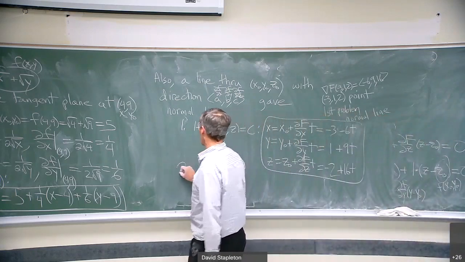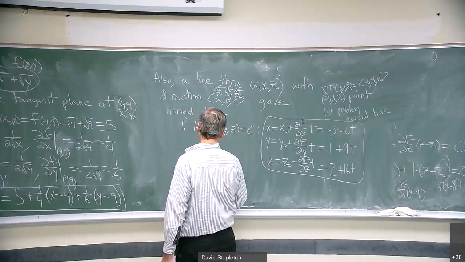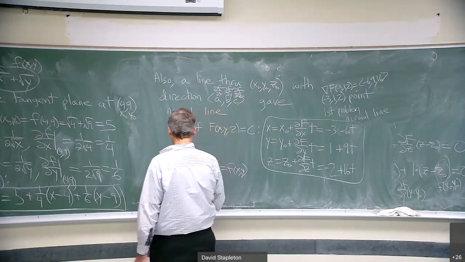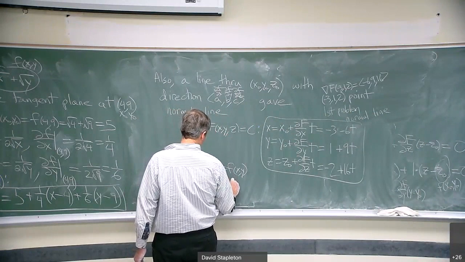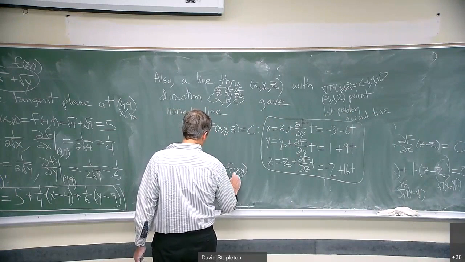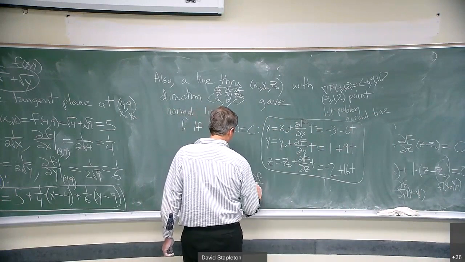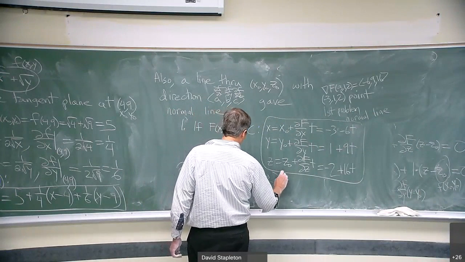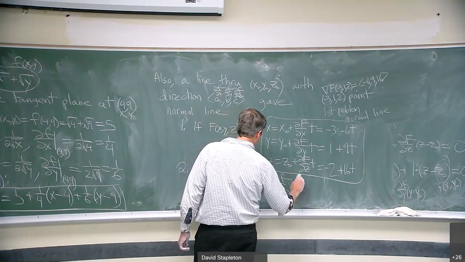Now the second case is if you have z equals f of x, y. Now what's the normal vector? The normal vector now was, if you look back at the work, minus df dx i minus df dy j plus k.